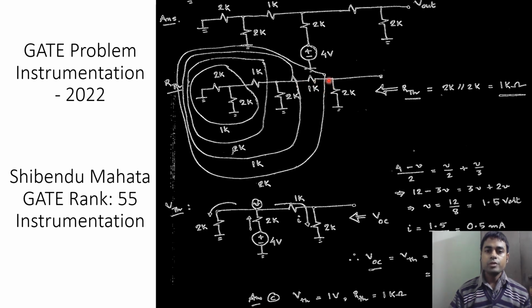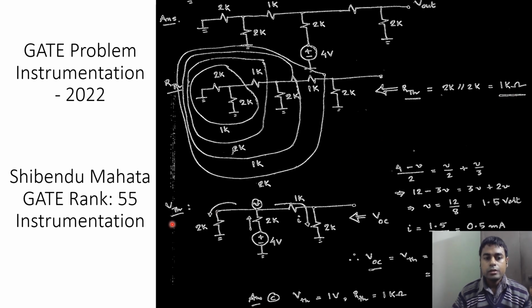Looking from this part of the network, the big circumference, this one is equal to 2 kilo ohms. And finally you have 2 kilo ohm and 2 kilo ohm in parallel, resulting in RTH being equal to 1 kilo ohm. So the Thevenin equivalent resistance is equal to 1 kilo ohm for this DAC circuit.